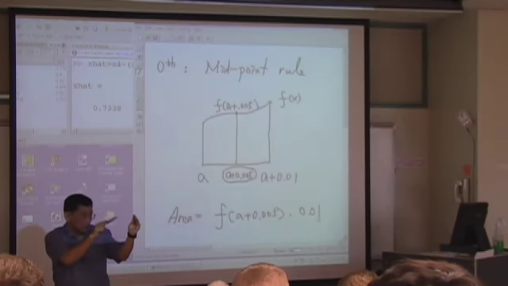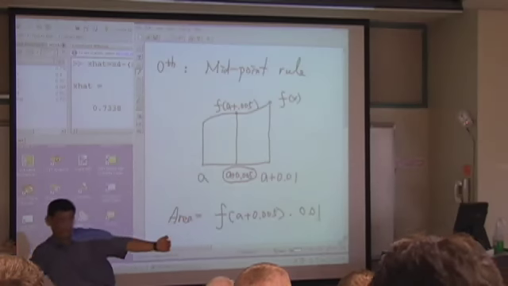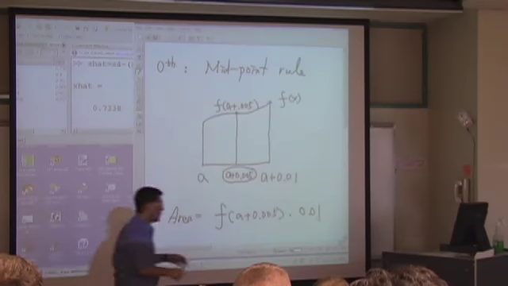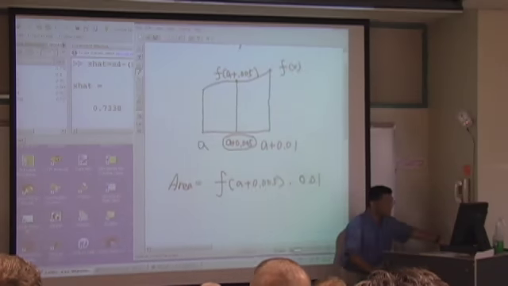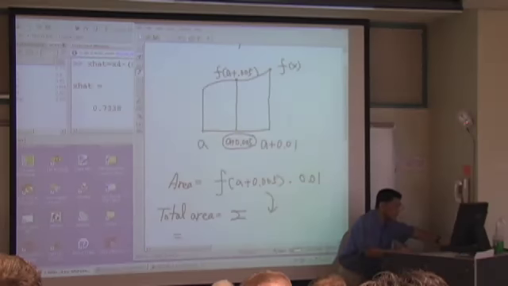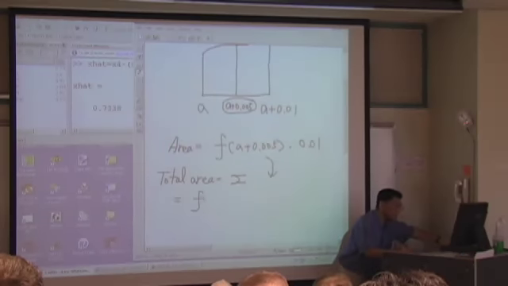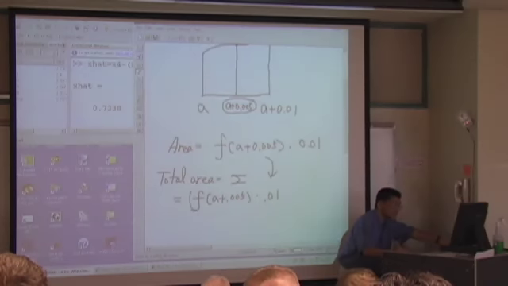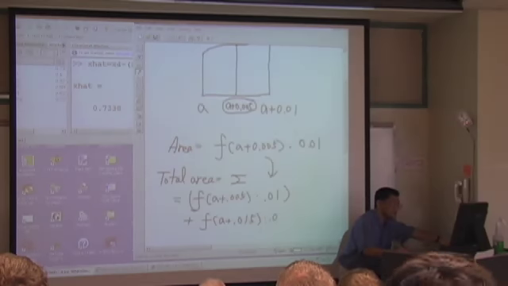Then this kind of area is accumulated from the left side to the right hand side to find the area. In other words, the total area equals the sum of this kind of thing, or f of a plus 0.005 multiplied by 0.01, first piece, and then second piece, f of a plus 0.015 multiplied by 0.01.